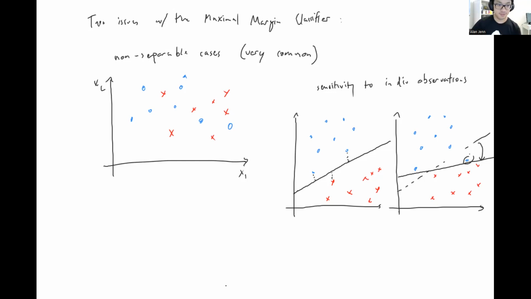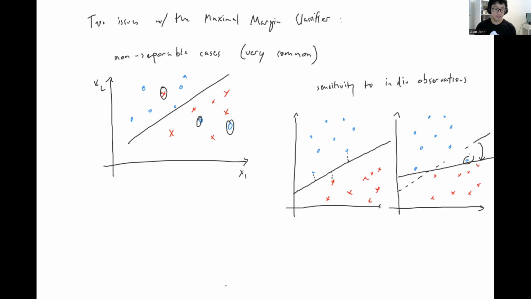So if I have, for example, C equals 3, I can draw a line like so, because I have a total of 3 violations, and that allows me to still separate these.